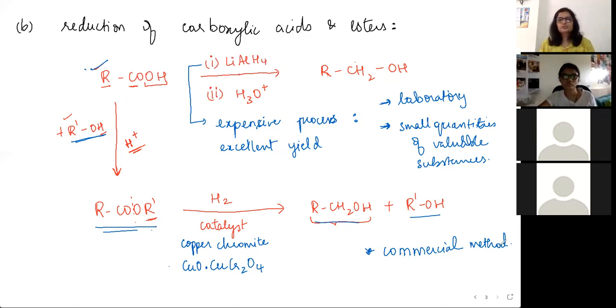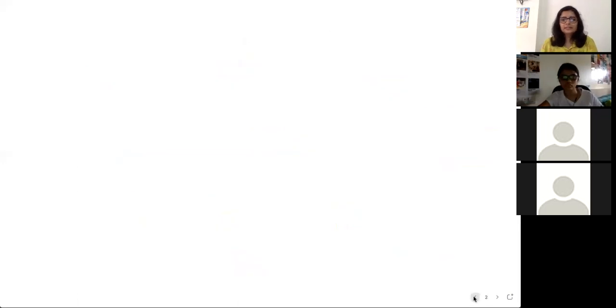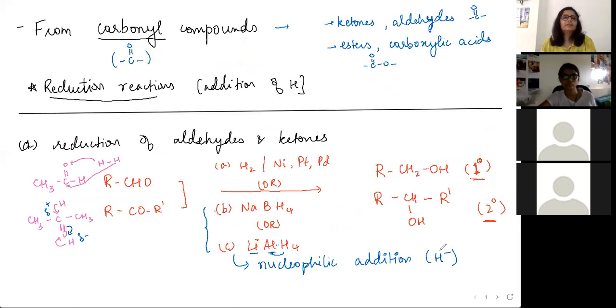So overall, summarizing the preparation of alcohols from carbonyl compounds, they are all reduction reactions. You're adding hydrogen, only your source of hydrogen differs in different cases. In the case of aldehydes and ketones, it's just one step of reduction. No matter what source of hydrogen you take, direct hydrogenation or any of the metal hydrides, you get your primary and secondary alcohols respectively, directly.